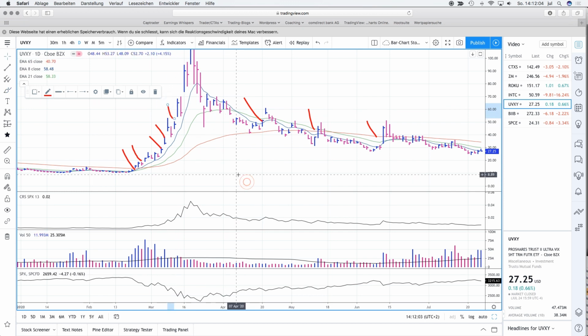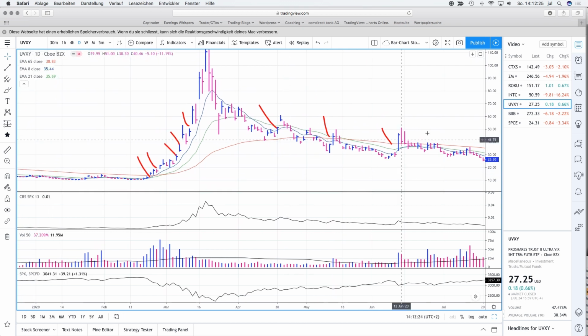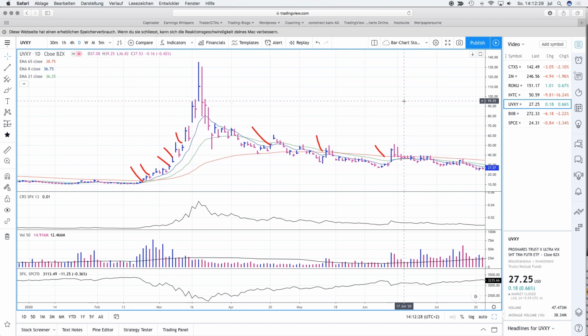And don't make a mistake, these moves are very, very big and very fast. So you can see this here is a 40% move. So if you do not have a stop loss or a good strategy in place, shorting volatility is a very, very risky game. And maybe you can remember the situation. There have been a lot of inverted volatility ETFs in the past.